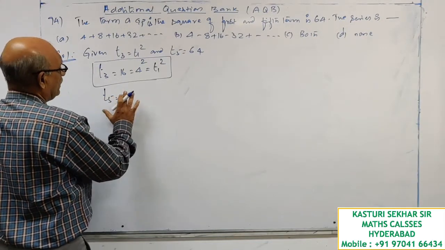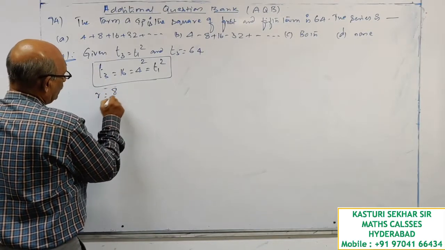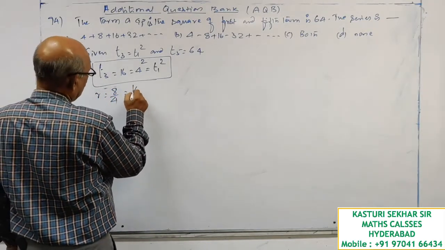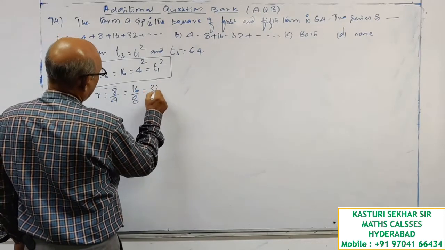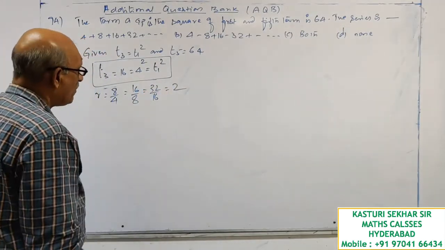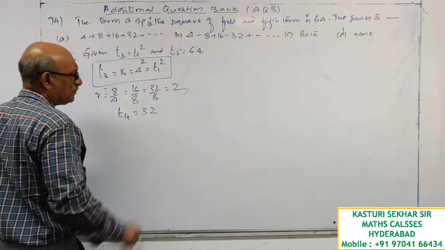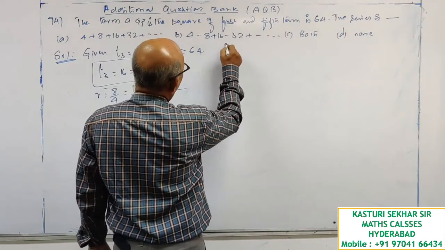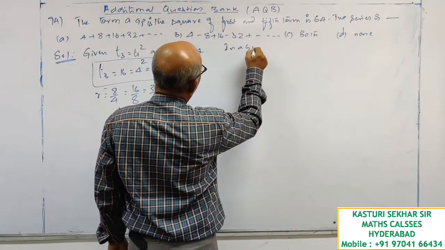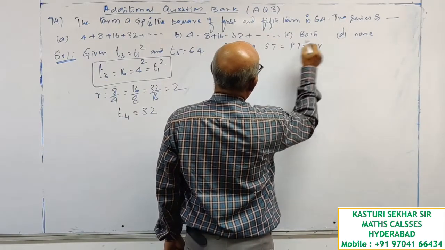T5 is equal to, I have to verify. Before that, let me check the common ratio, sir. R is equal to 8 by 4, 16 by 8, 32 by 16 is equal to 2. Common ratio is 2. T4 is equal to 32. In a geometric progression, succeeding term is equal to preceding term into common ratio.